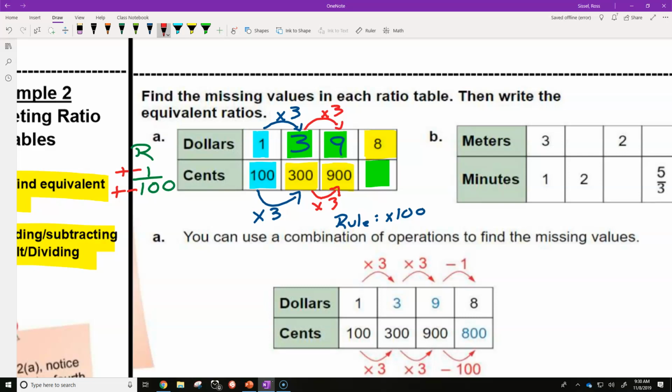How did I get from 1 to 8, 3 to 8, or 9 to 8? Okay, on here, they did show us subtracting 1. How do they know to subtract 1? I mean, 3 to 9, I could have said add 6, but I would have had to know what to put here. How did they know I could add or subtract 1?